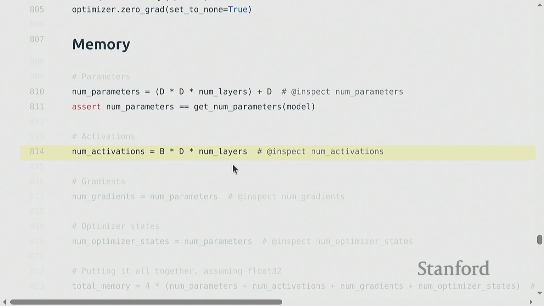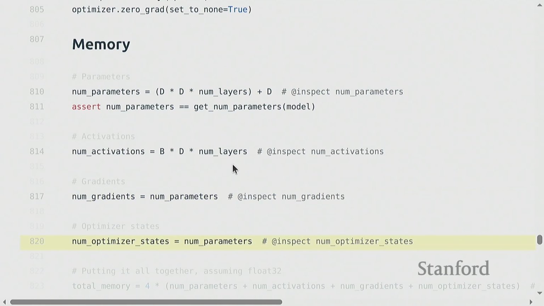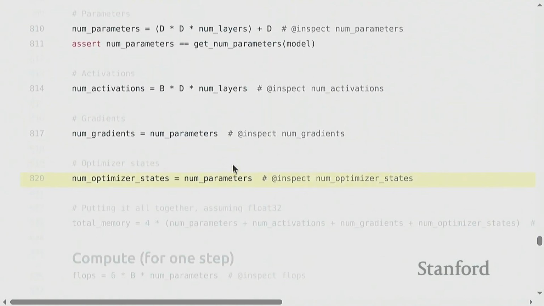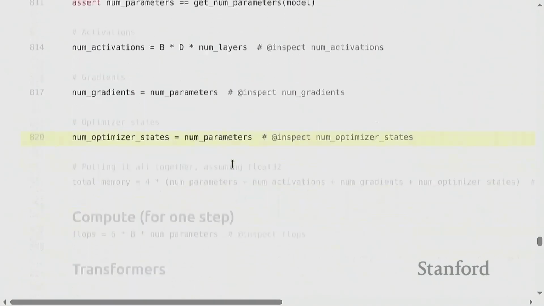For every layer, for every data point, for every dimension, you have to hold the activations. For the gradients, this is the same as the number of parameters. And for the optimizer states for Adagrad, you'll remember we had to store the gradient squared, so that's another copy of the parameters.